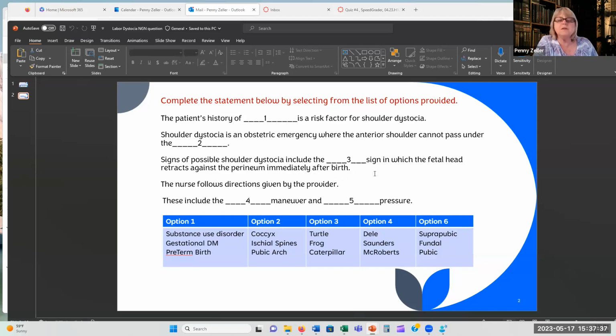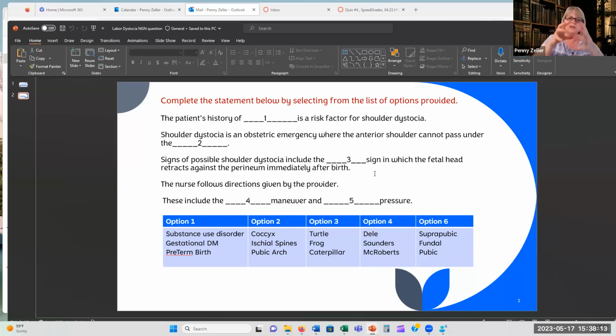So the protocol: the nurse also receives an order from the provider, and that includes what maneuver? McRoberts maneuver, yes. And what kind of pressure? Suprapubic pressure. So McRoberts is the flexion of the hips and the knees, drawing the legs way back.